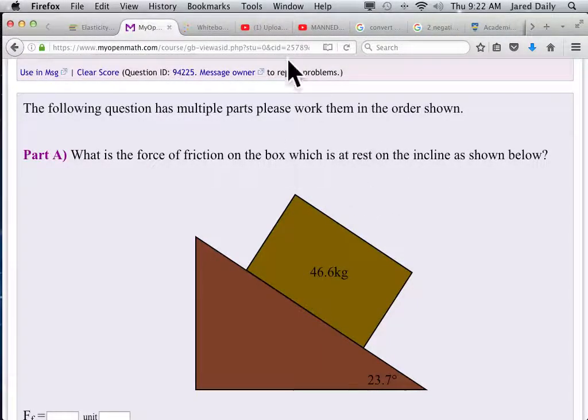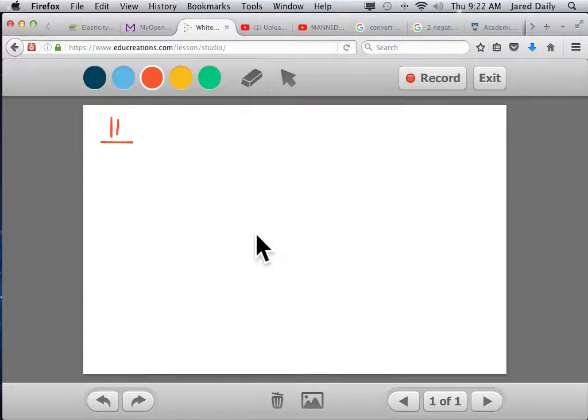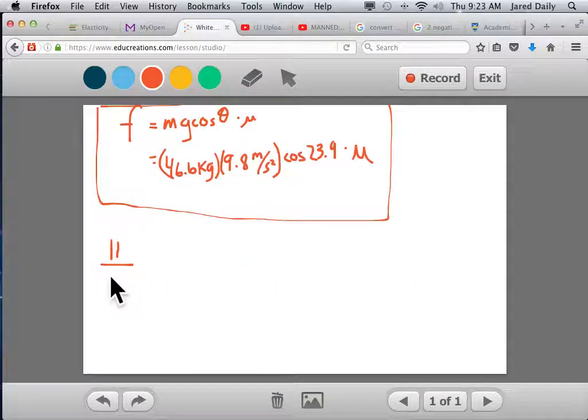So the acceleration is what? 0 again. So in the parallel direction, the net force equals mass times acceleration, and the acceleration equals 0 again. So this has to equal 0, and we add up the forces to equal 0.